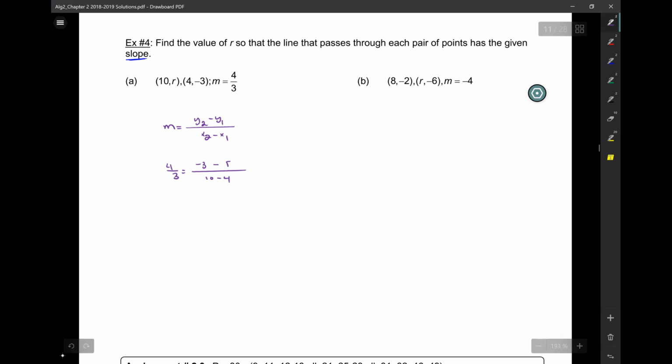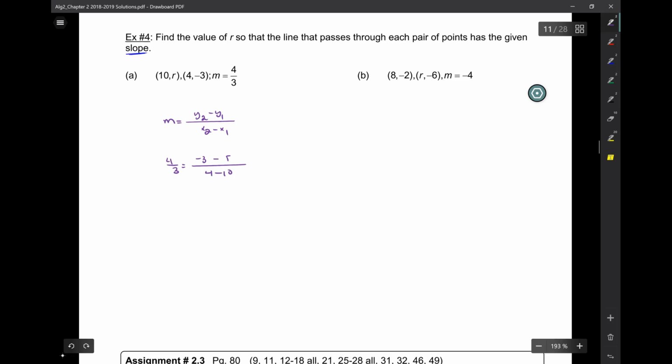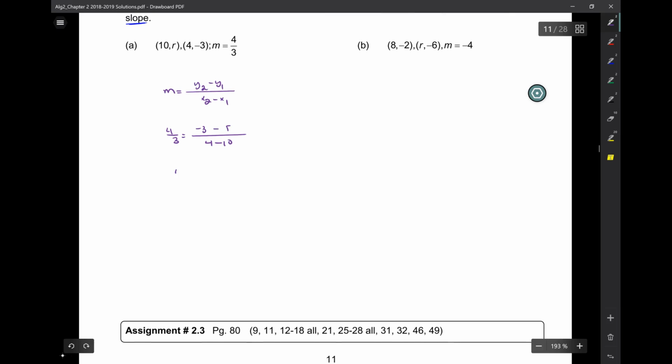Okay, 4 minus 10. We've got to keep it consistent for the sign. So now 4 over 3 is negative 3 minus r over negative 6. Now what?